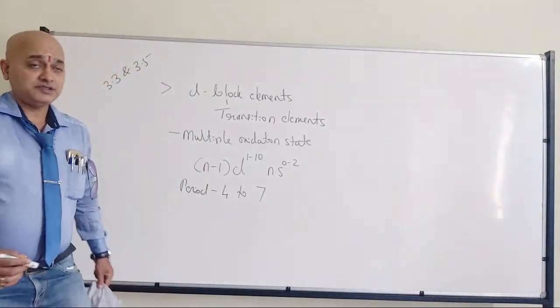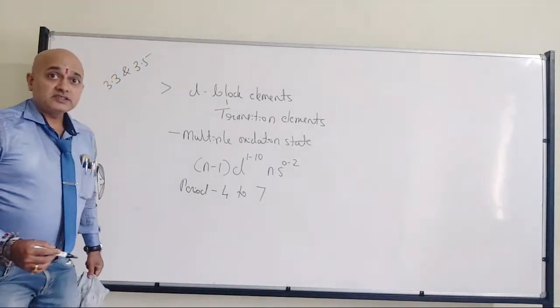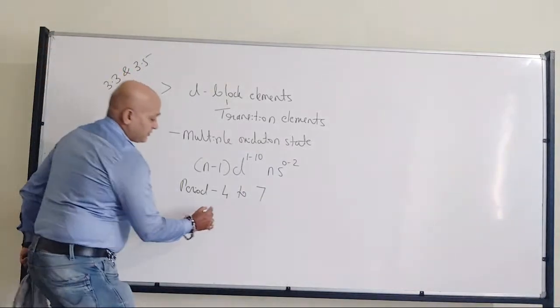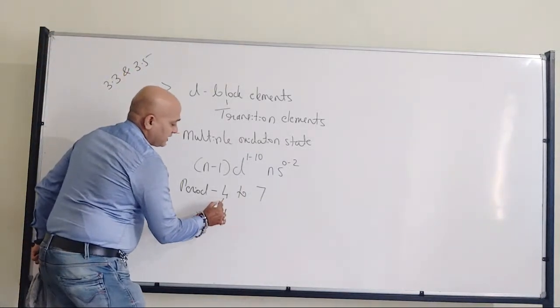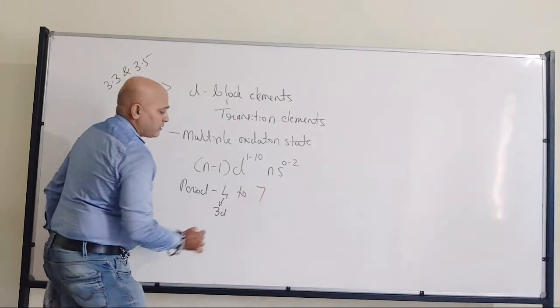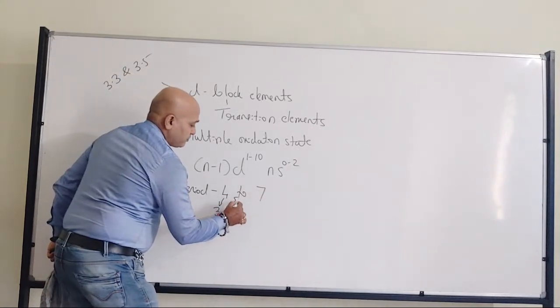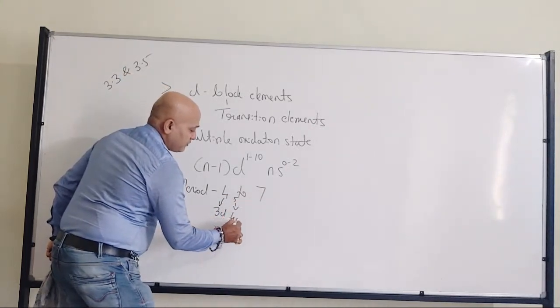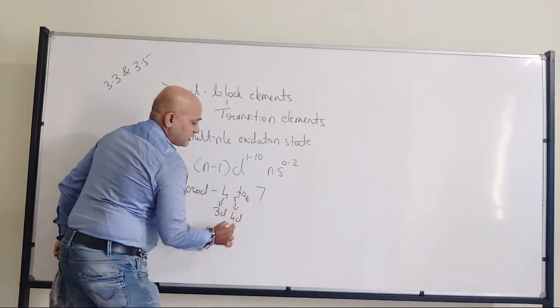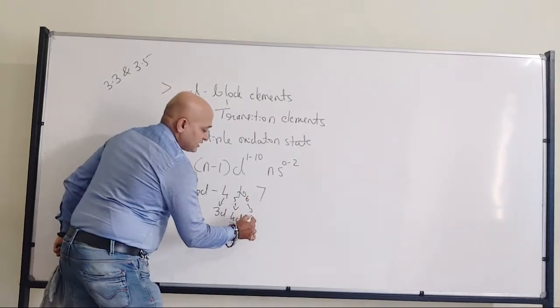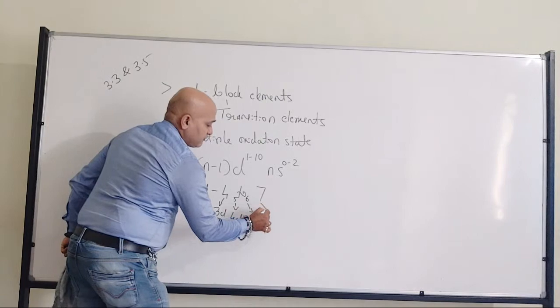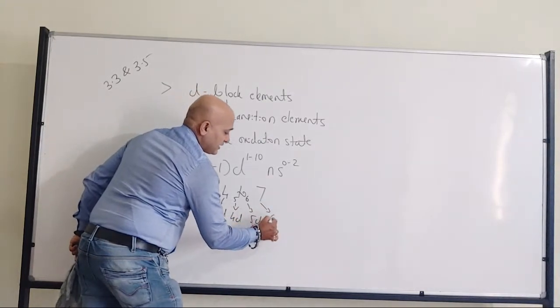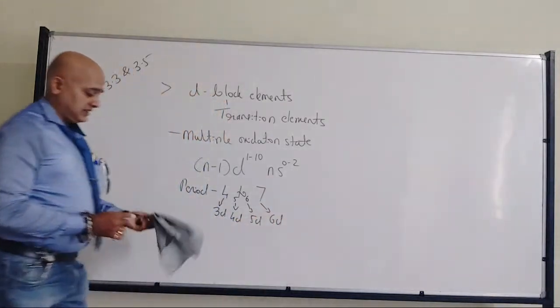D block elements will be there in periods 4 to 7. So we have the 3d block in period number 4. In period number 5, it will be 4d. In period number 6, it will be 5d. In period number 7, it will be 6d.